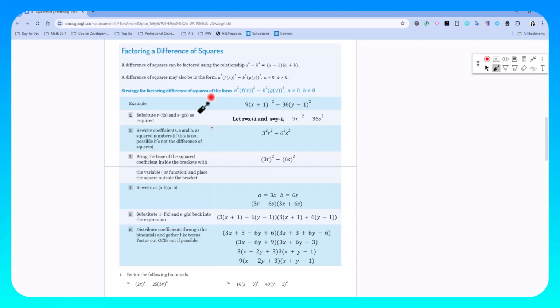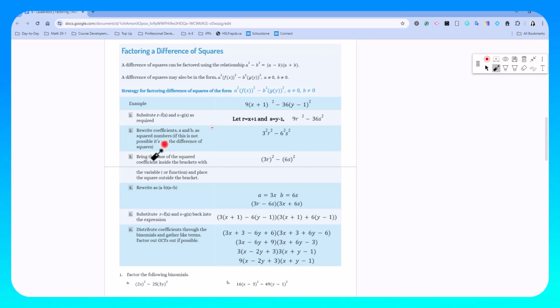We're going to use that substitution strategy where r is going to equal f of x and s is going to equal g of x, and we're going to replace those functions with r and s. In this example right here, the x plus 1 becomes r, and the y minus 1 becomes s.